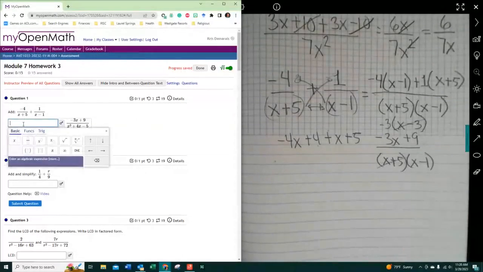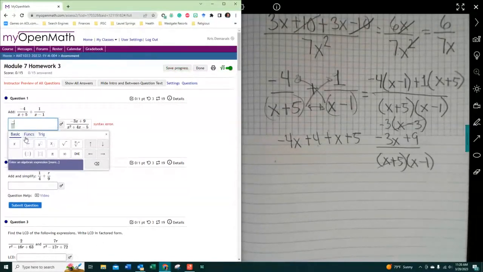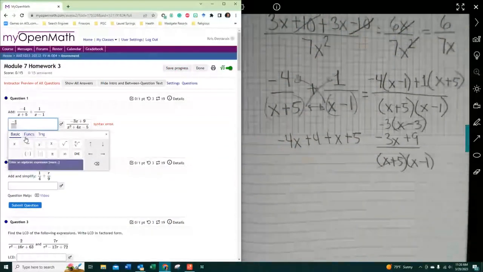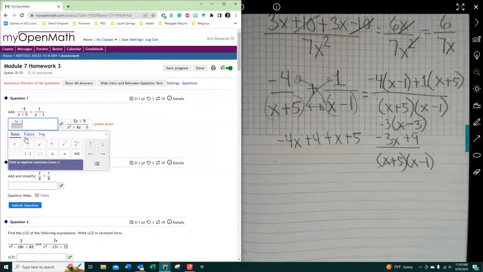Now watch, I'm going to go ahead and show you they'll accept that answer in factored form. The answer that they gave right here is this foiled out. But watch, I'm going to prove to you that they will accept it in its factored form as well, so you're not thinking I'm just lying to you. So we have plus 9, and then I'm going to put it in its factored form.